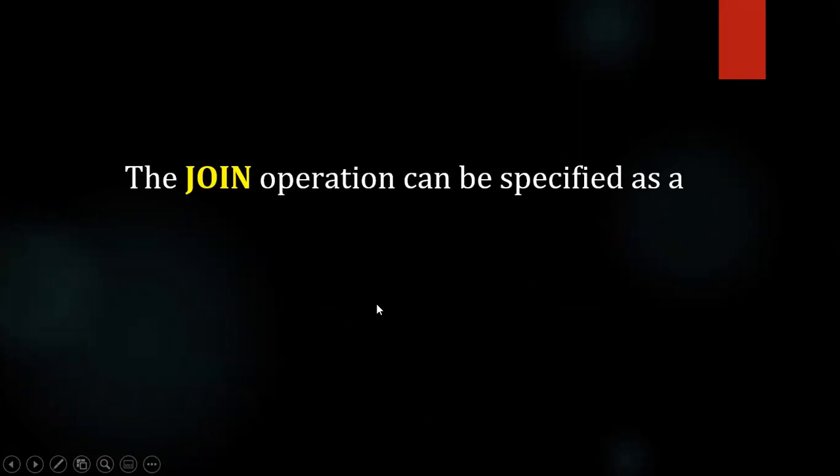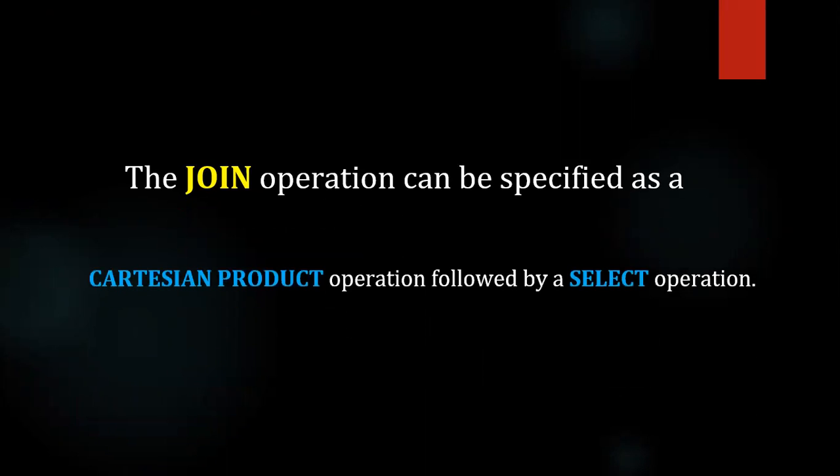Now, whenever we perform a join operation, as we have seen in join selectivity, the denominator is the cross product. So what is the relationship between join and the cross product? The join operation can be related to cross product: join is the same as cross product followed by a selection operation.